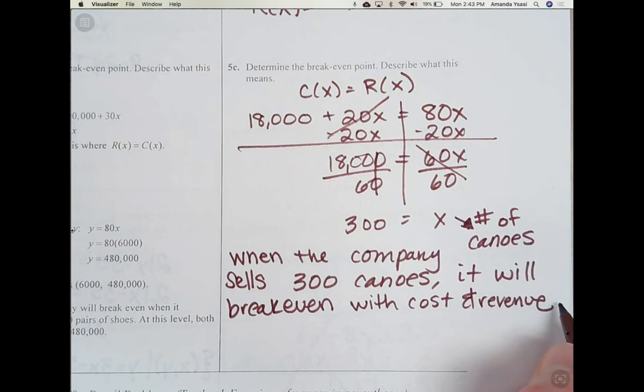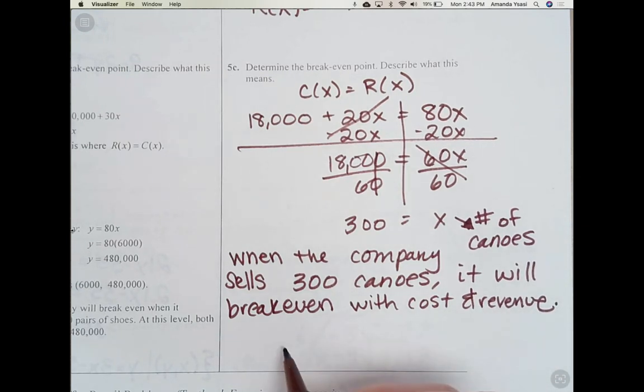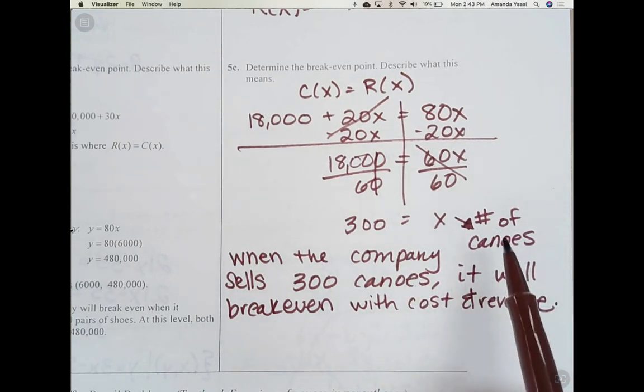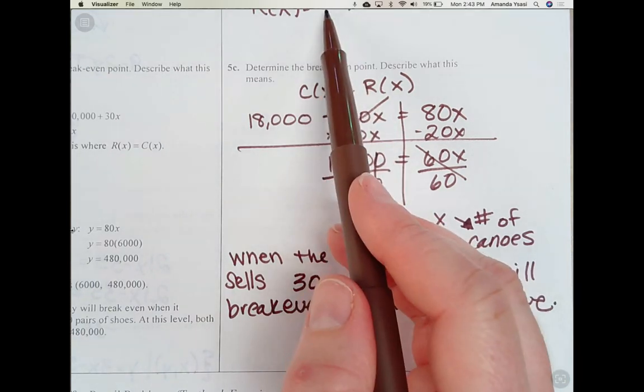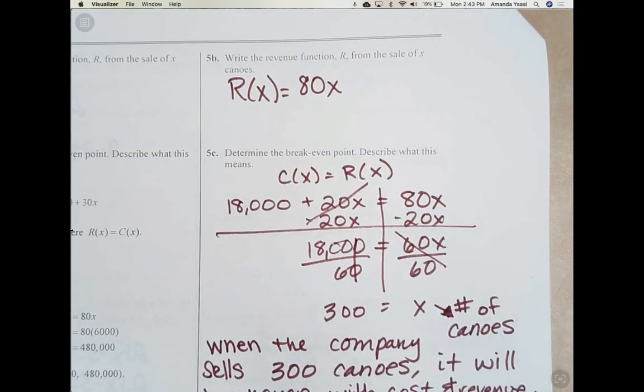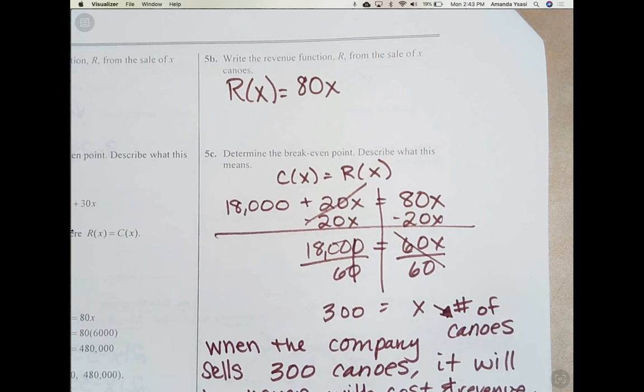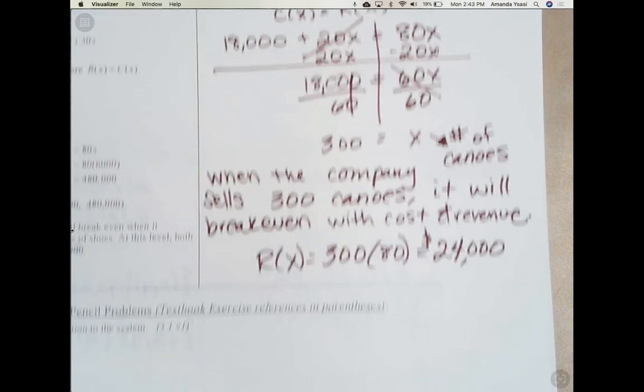And to figure out how much revenue that is, we'd want to do 300 times 80. So at 24,000.